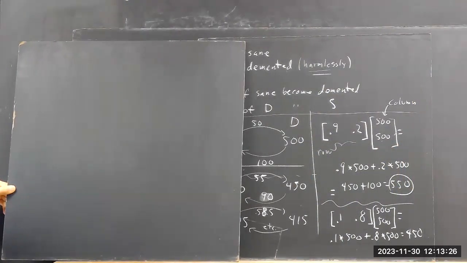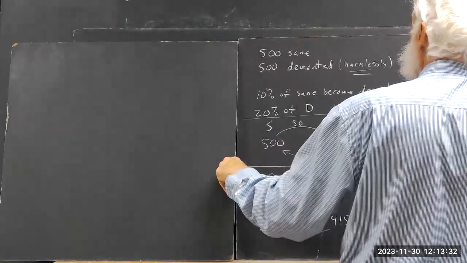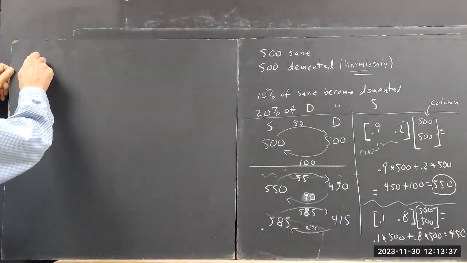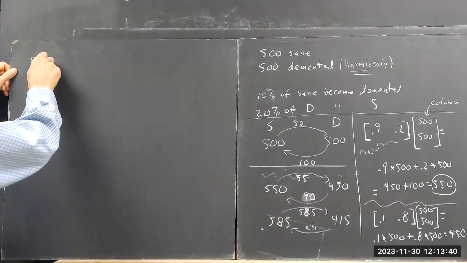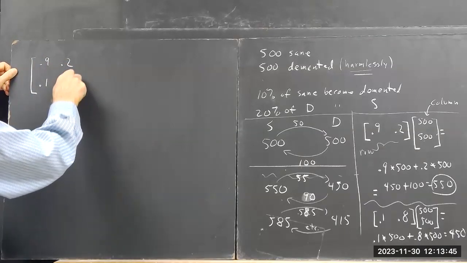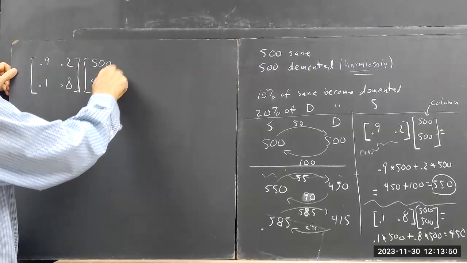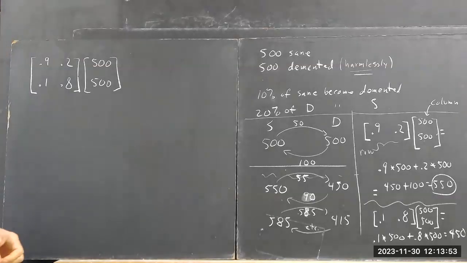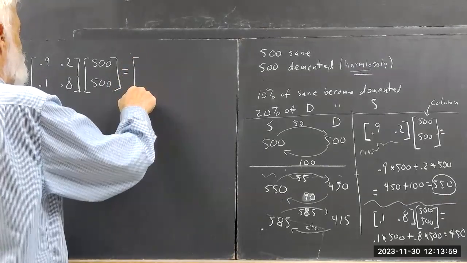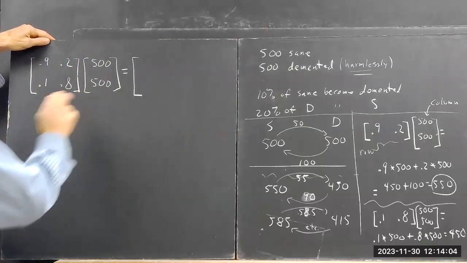Except I want to put them all into one calculation. So I'm going to do this. I'm going to take my first row, 0.9, 0.2, and my second row, 0.1, 0.8, and multiply that by 500, 500. Okay? So what I do is I multiply 0.9 by 500. I multiply this row by this column.